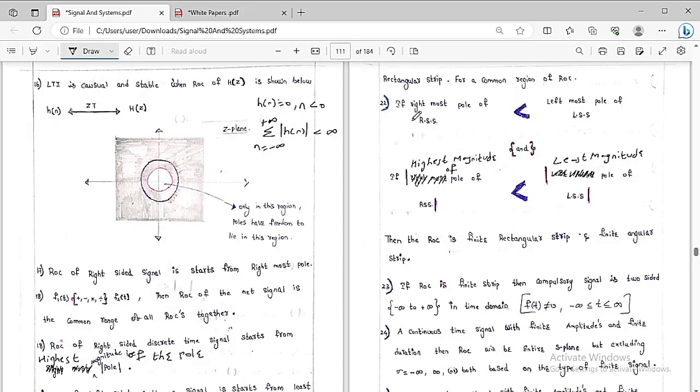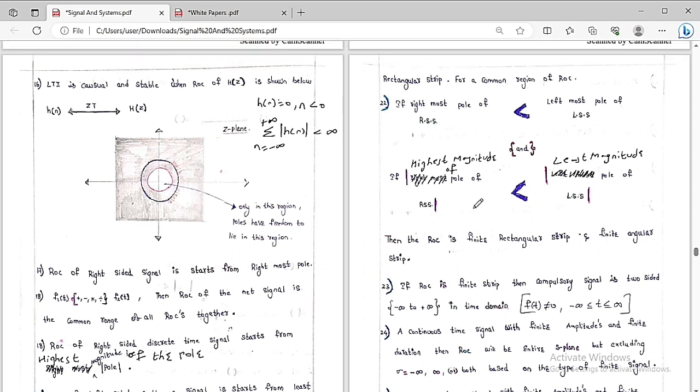So the ROC is a finite rectangular strip as well as a finite angular strip. These things you always have to keep in your mind.